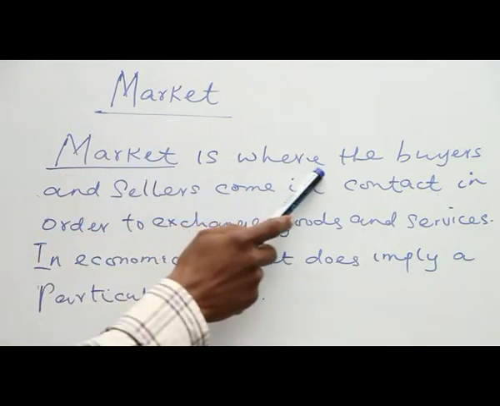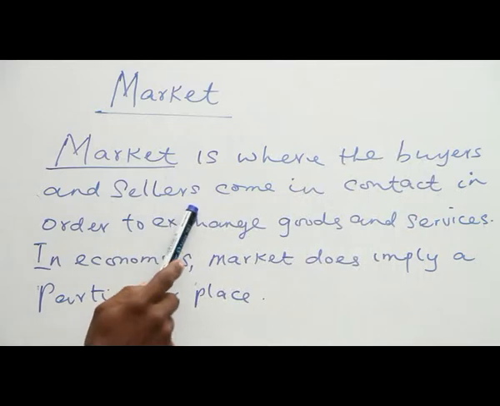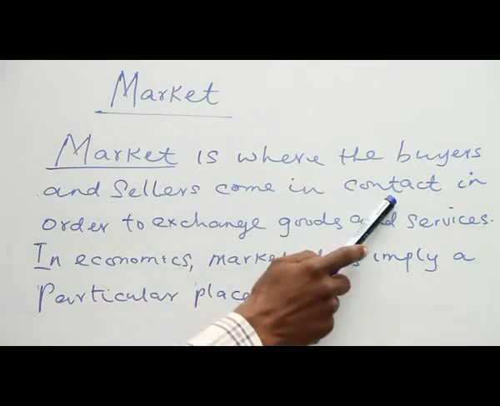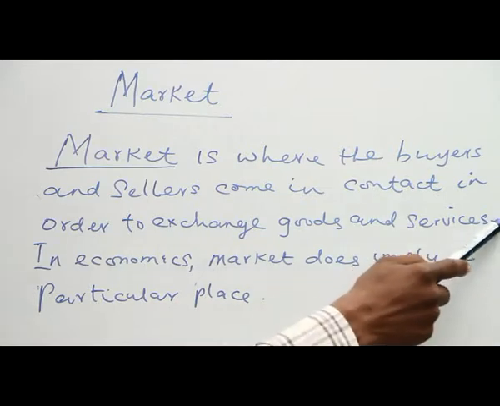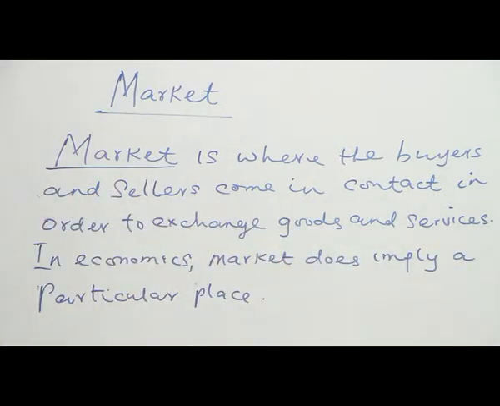Market is where the buyers and sellers come in contact in order to exchange goods and services. Market does not imply a particular place where buyer and seller meet in order to exchange goods and services. So according to the economic point of view, market can take place anywhere.